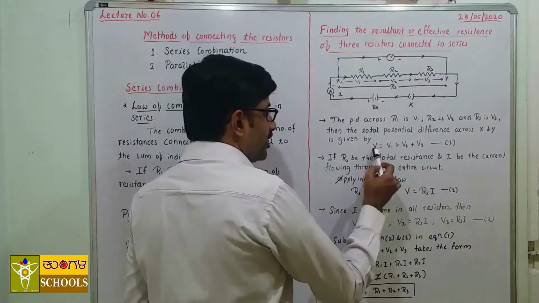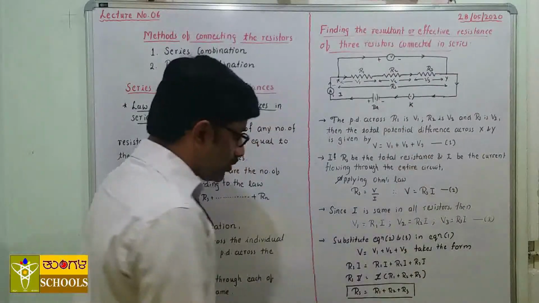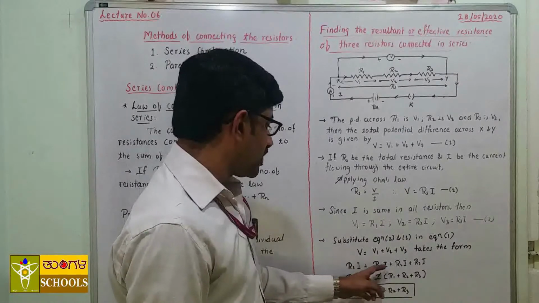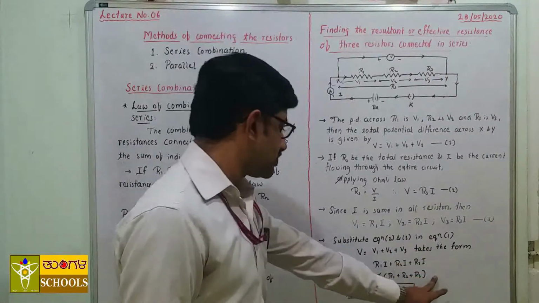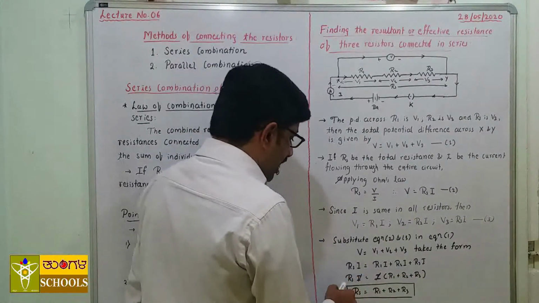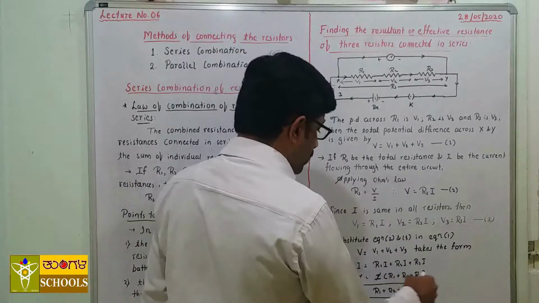So we have V, V1, V2, V3 respectively. Substitute all those. You are left with Rs into I equal to R1I plus R2I plus R3I. Then take I common: Rs into I is equal to I times R1 plus R2 plus R3.